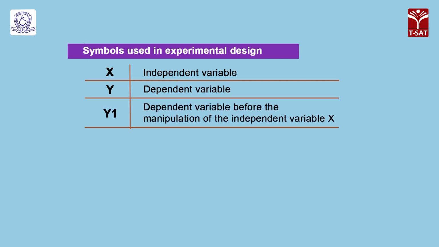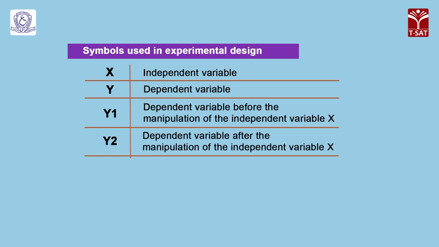Y1 represents the dependent variable before the manipulation of the independent variable X. It is usually a pre-test of some type administered before the experimental treatment. Y2 represents the dependent variable after the manipulation of the independent variable X. It is usually a post-test administered to subjects after the experimental treatment.